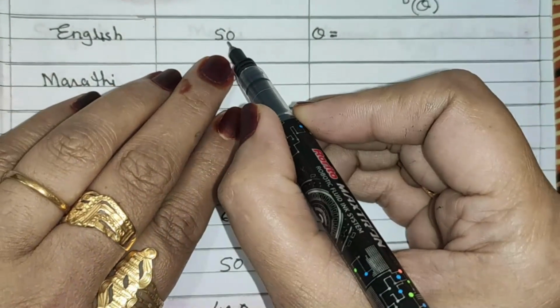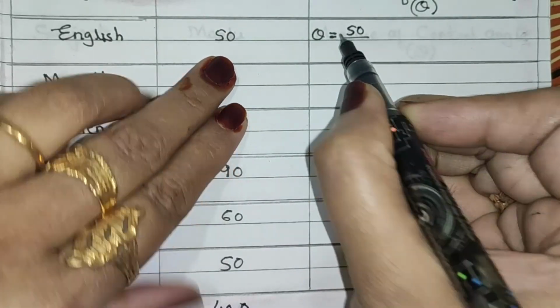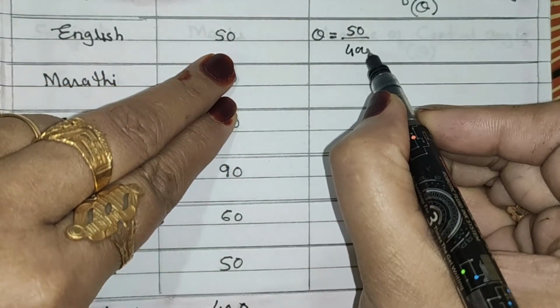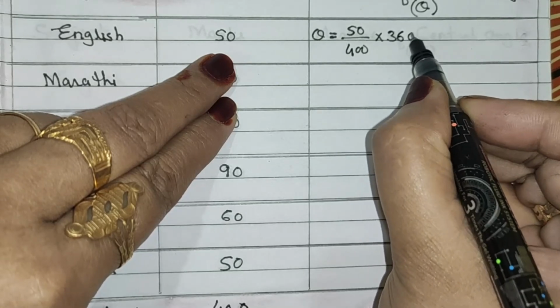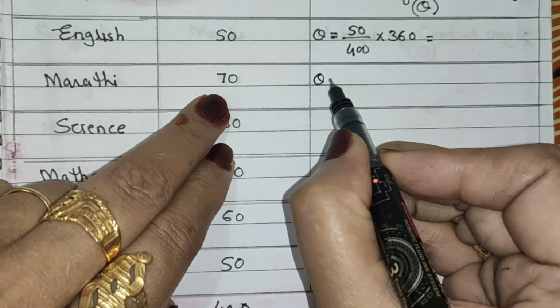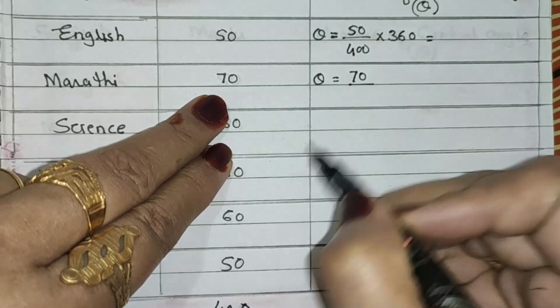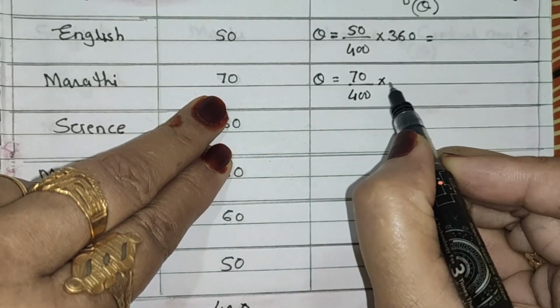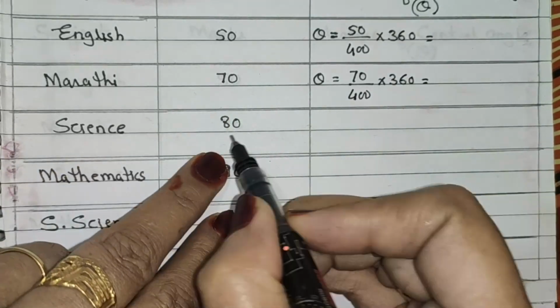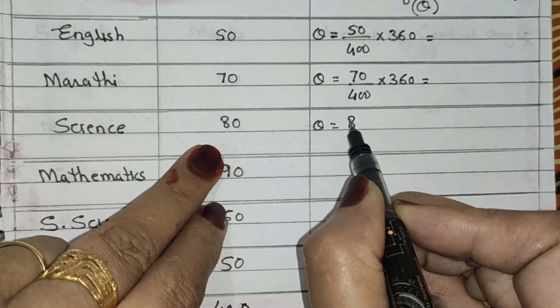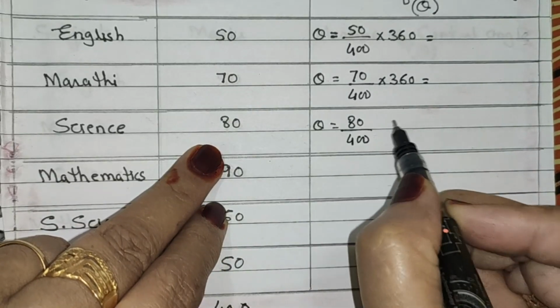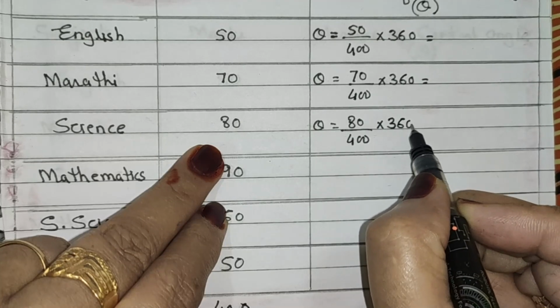Now first one is 50 upon total is 400 multiplied by 360. Now second score is 70 upon total is 400 multiplied by 360. Next one is 80 upon 400 multiplied by 360.